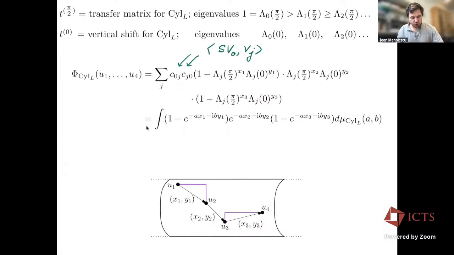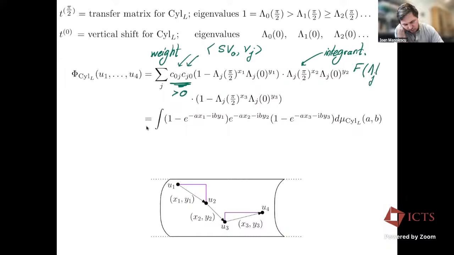And so the way you should look at this is, this number here is a positive number, and you should look at it as a weight. And you should look at the rest as an integrand, with T. It's essentially a function f of lambda j of pi over 2 and lambda j of 0.